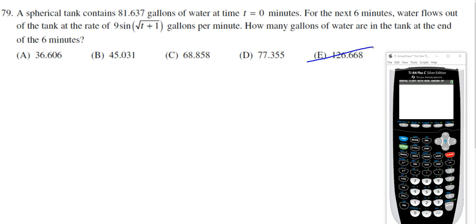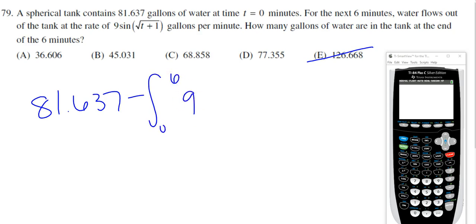Okay, if we start with 81 and we're losing water, we can't end with 126. So, we are going to start with 81.637, and then we need to subtract out how much has left, right? So from 0 to 6, 9 sine of the square root of t minus 1 dt.